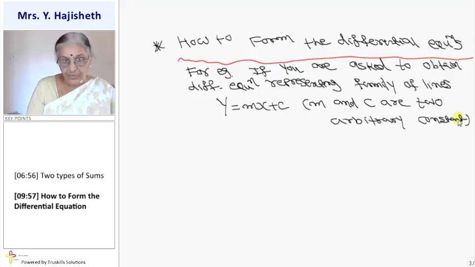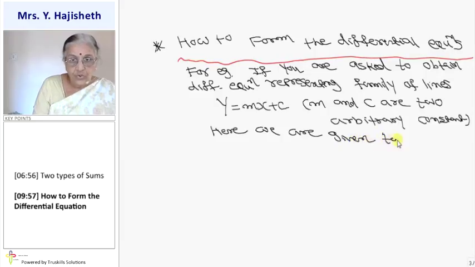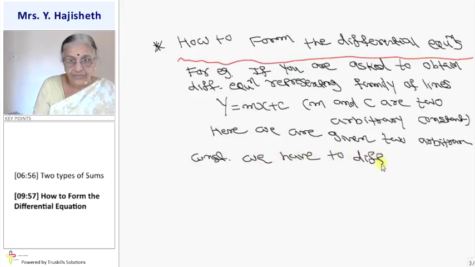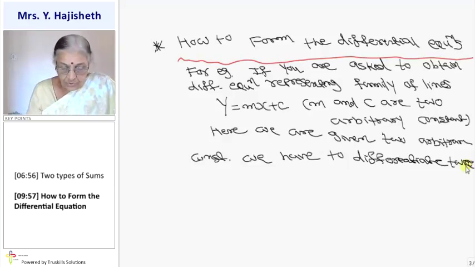Here we are given two arbitrary constants, so we have to differentiate twice to eliminate them.